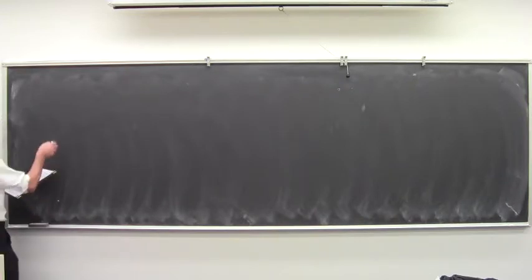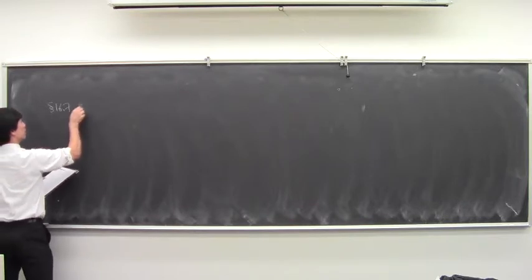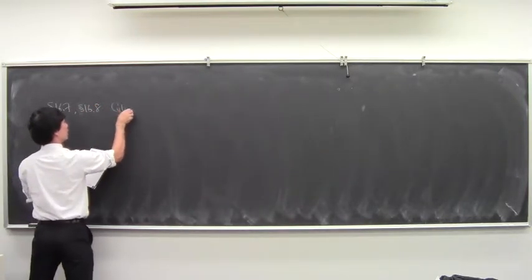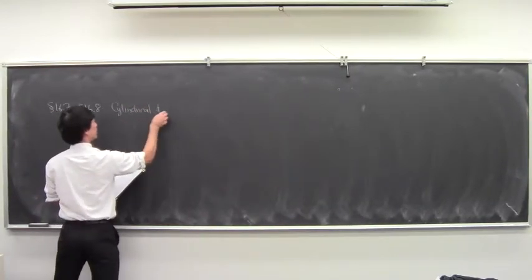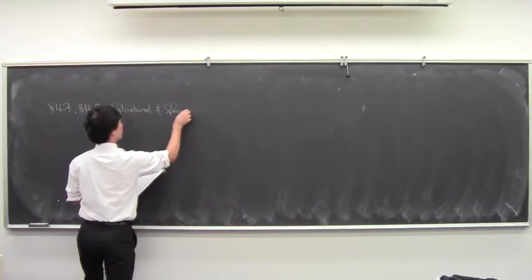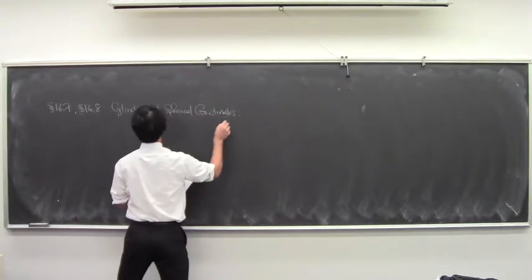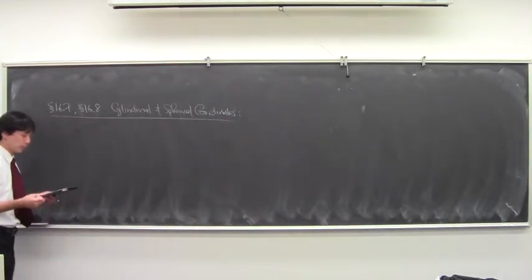Sections 16.7 and 16.8 are on two different coordinate systems, cylindrical and spherical coordinates. We'll probably only do the first part.